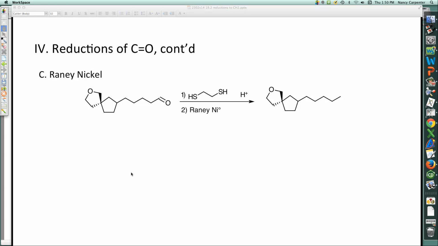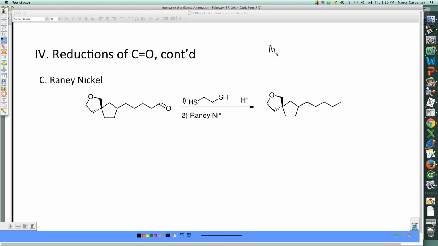So both these last 2 methods are in the realm of organometallic chemistry. You'll notice that we did not say anything about mechanism, and we're not really going to say much about mechanism.